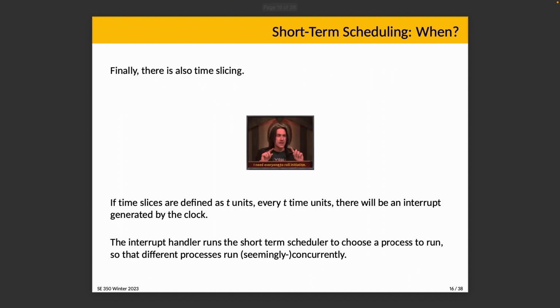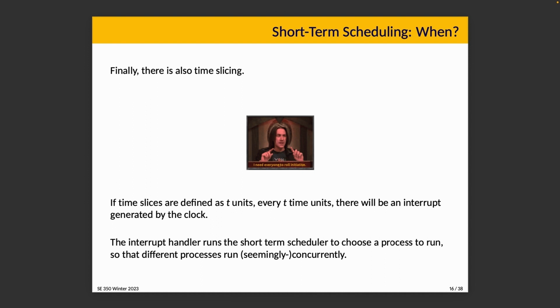Finally, there is also time slicing. And this is another occasion that causes a process switch. This is about dividing up the available CPU time amongst the various processes. This is the preemptive part of preemptive multitasking, which is that your program may execute for some period of time, and when time's up, there is a process switch and another one gets an opportunity to run.